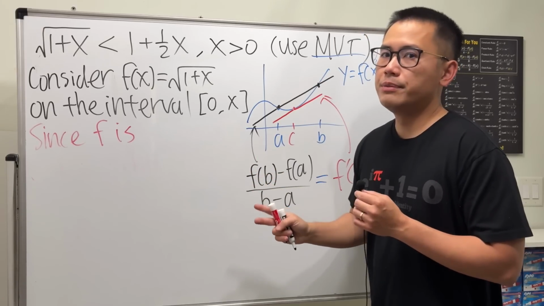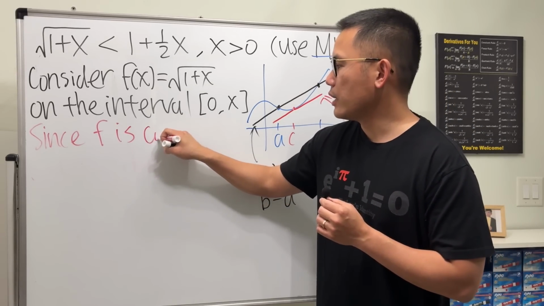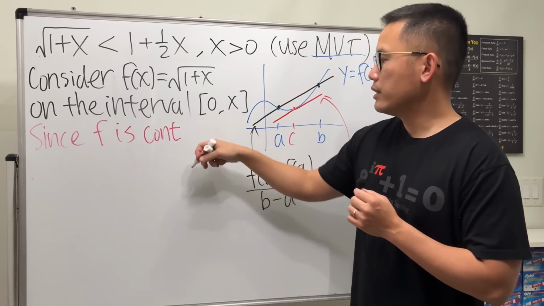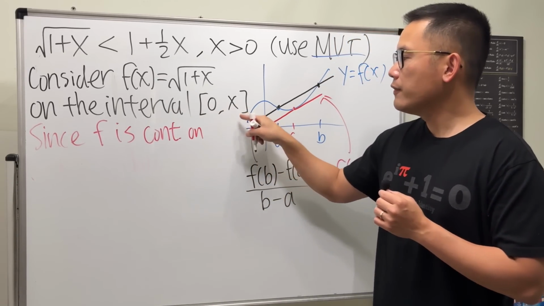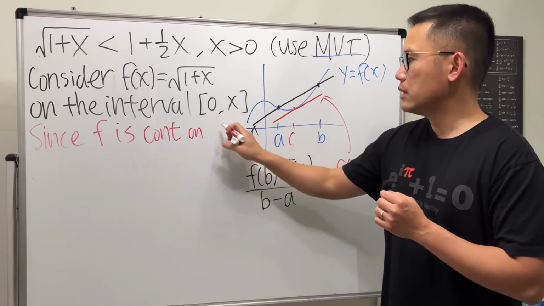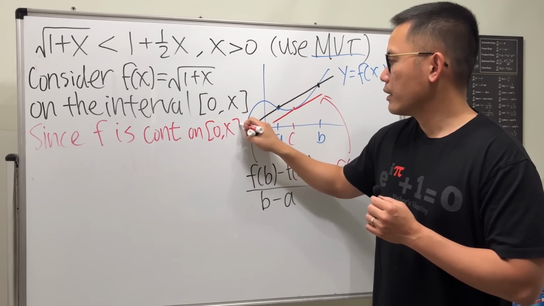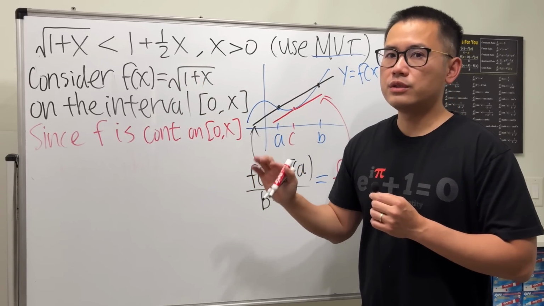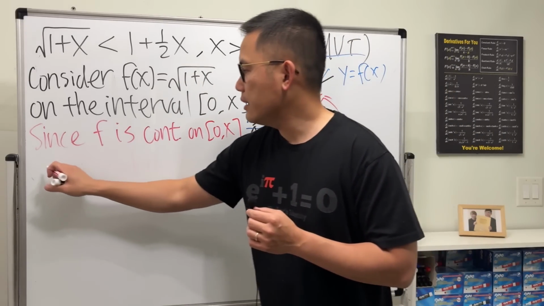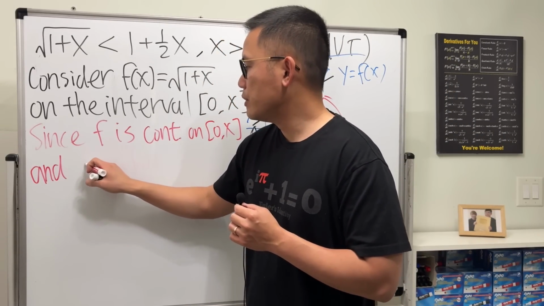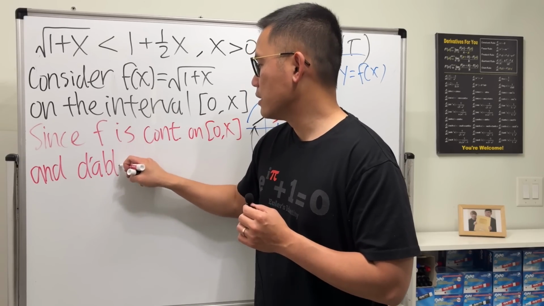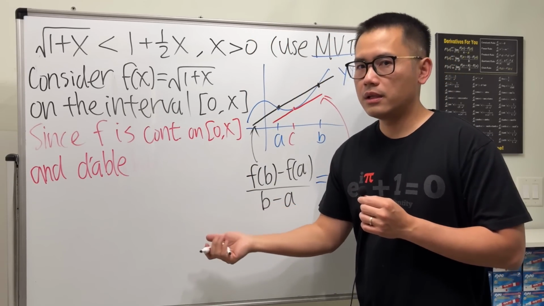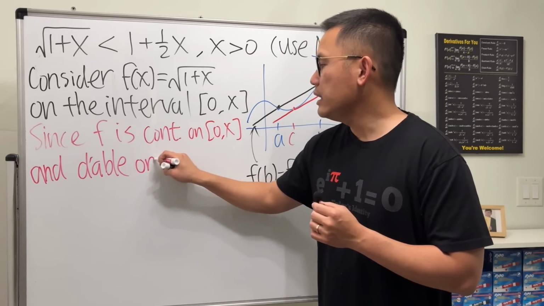To continue with the mean value theorem, we should mention that since our function f, there are two things I should really mention. One is continuous, CONT for continuous, on the interval including the endpoints. If you look at the square root function, just keep that in mind. And you should also mention its differentiability. It's differentiable, meaning you can take the derivative on the interval.